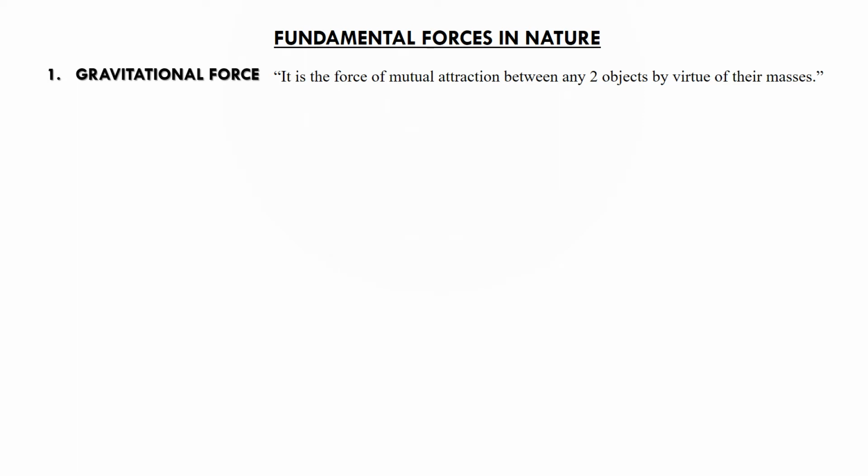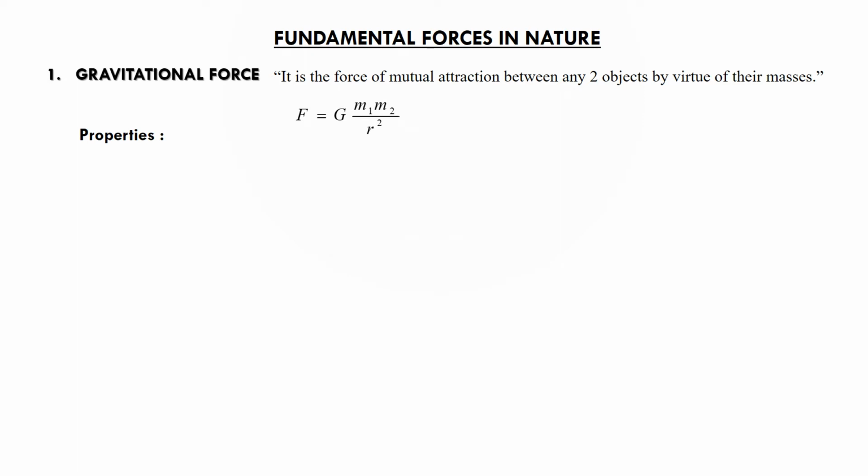You studied this in grade 9, and the formula for this is F equals capital G m1 m2 upon r square, where F is the force between the two objects, G is the universal gravitational constant having value 6.67 times 10 to the power of minus 11 Newton meter square per kg square, m1 and m2 are the masses of the two objects, and r is the distance between the two objects.